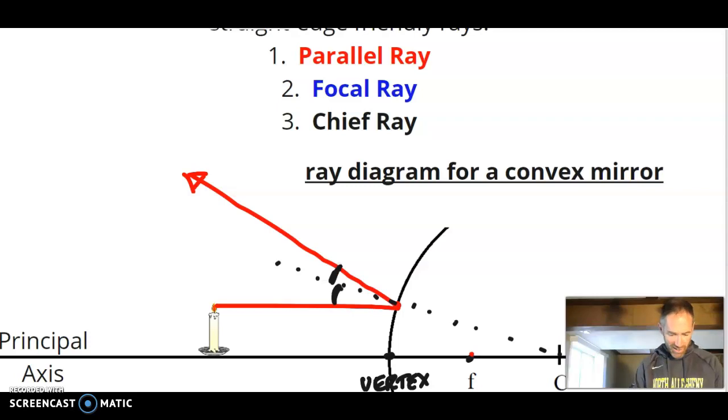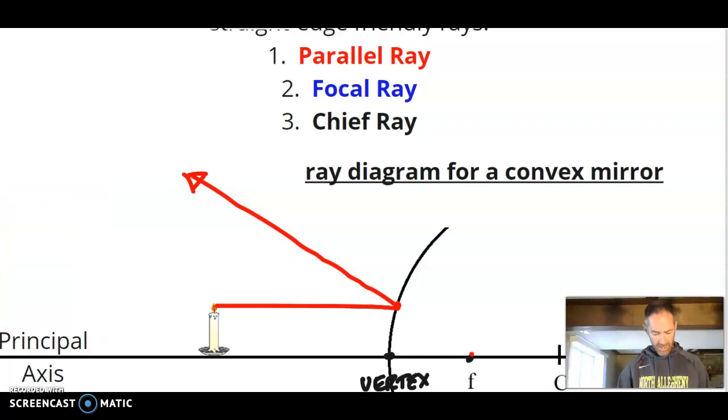Okay, and notice I got those to match each other pretty well without really measuring any angles or anything like that at all. There's my parallel ray.